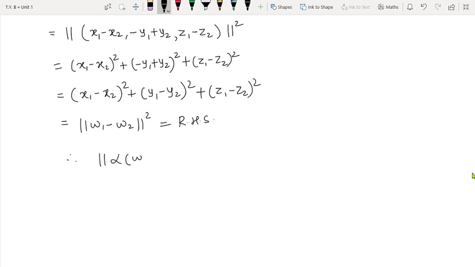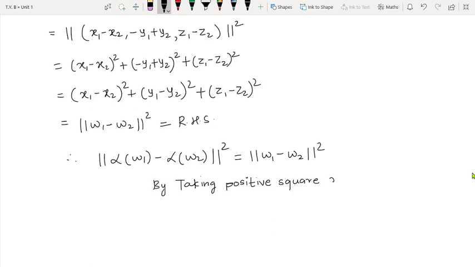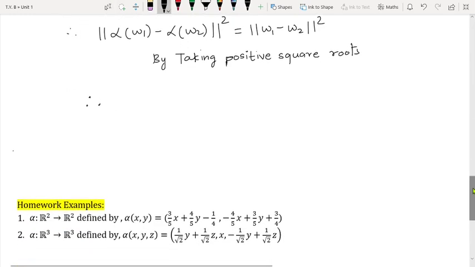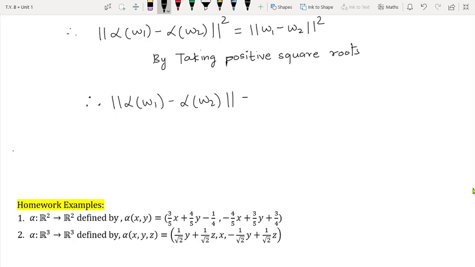Norm of alpha w1 minus alpha w2 whole square is equal to norm of w1 minus w2 whole square, and by taking positive square roots, norm of alpha w1 minus alpha w2 is equal to norm of w1 minus w2.